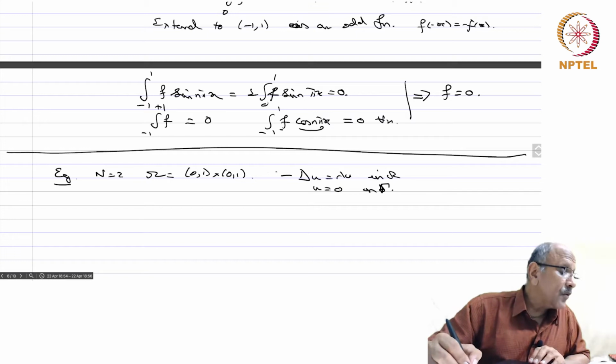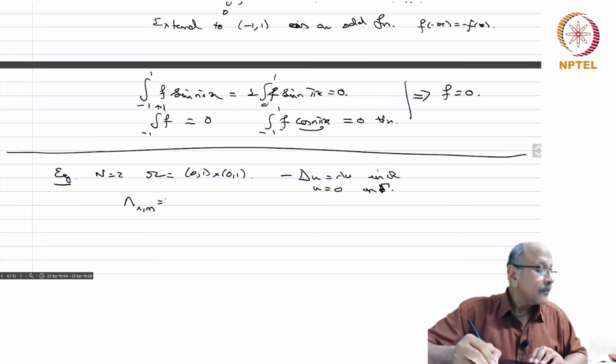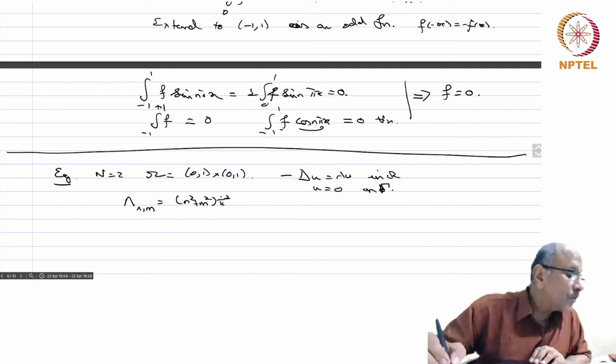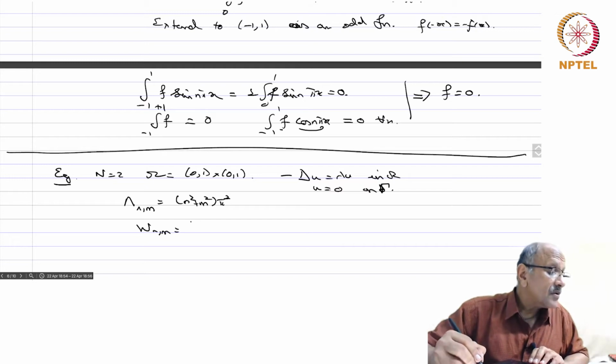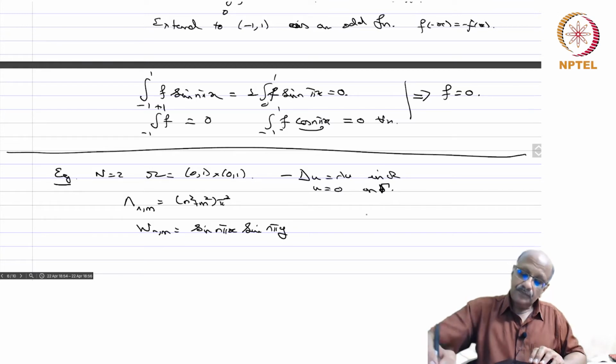Now take lambda nm equals (n square plus m square) pi square and w nm equals sin n pi x sin m pi y.